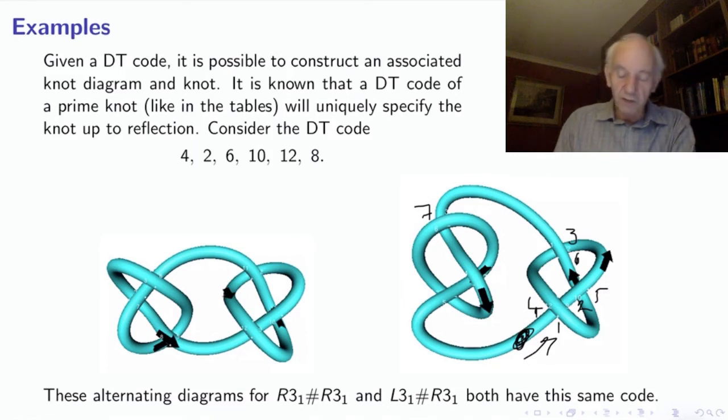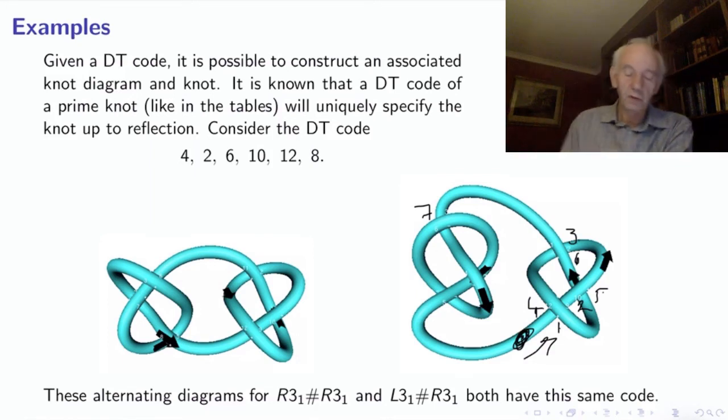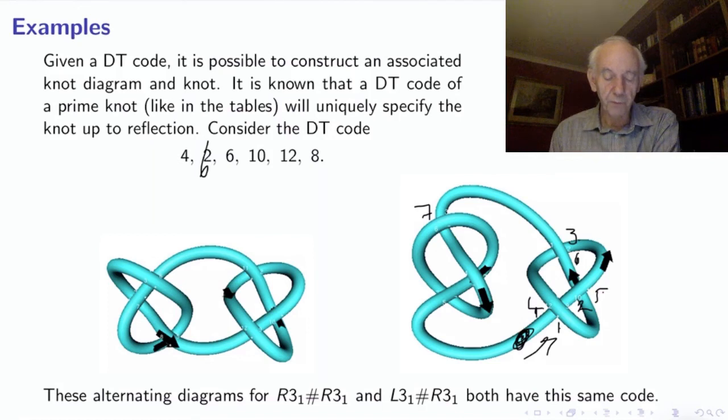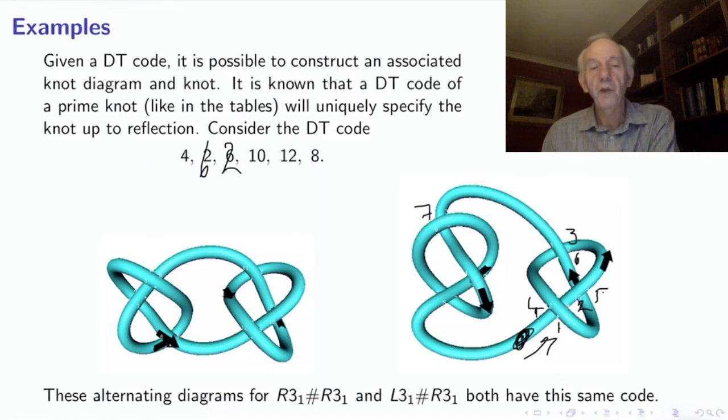The 1 is corresponding to the 4, 2 to... 3 to 6... Maybe I got this wrong actually. Probably copied it down wrong there. No, sorry about that. So that's the code. That's the code we saw before, the trefoil knot.